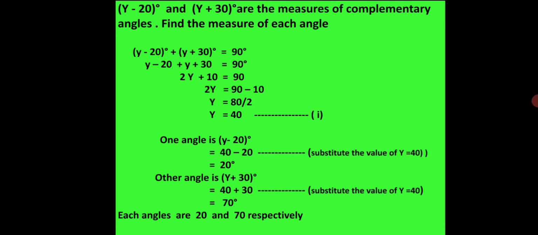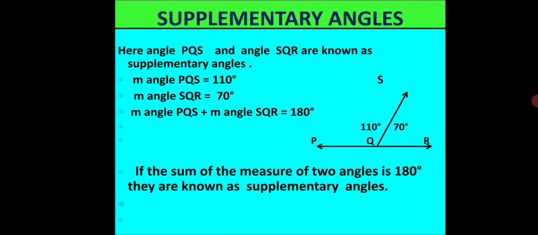Now students, you have to practice more sums based on complementary angles. Okay. Now we will move on to the next concept, that is supplementary angles. As we have seen the meaning of complementary angles, now let us see what supplementary angles mean. Look at the figure alongside.